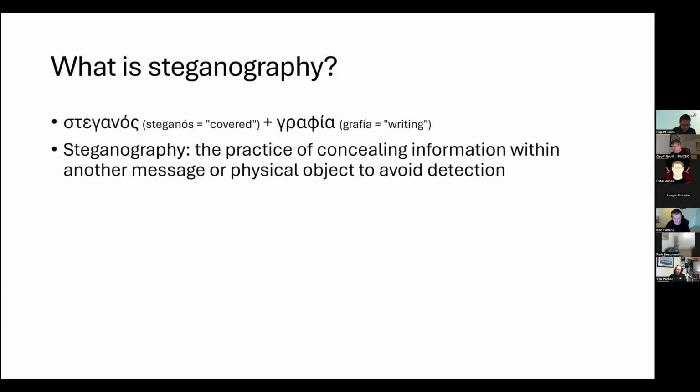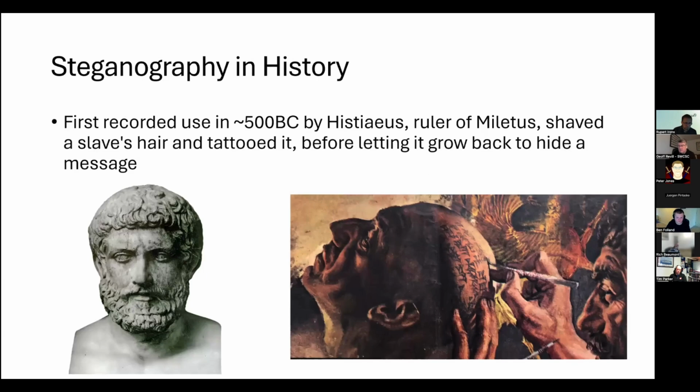So before we get into how steganography is used by malware, let's just have a look at a few cases in history. And we're going to start off in approximately 500 BC. When I did my Googling, I believe this is the first ever recorded use of steganography, and it involves a Greek ruler called Histiaeus. He was the ruler of an area of land called Miletus, and he was held captive by a certain King Darius.